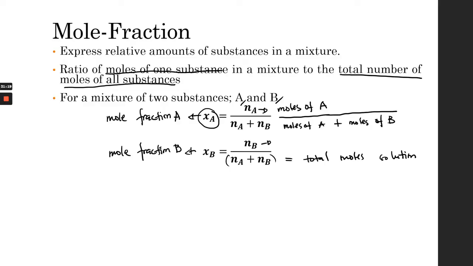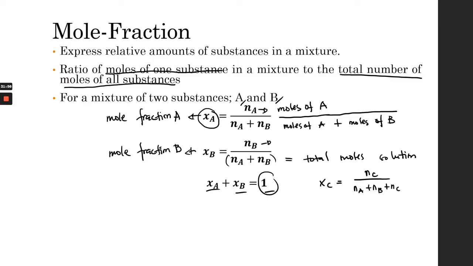And one thing that is interesting is that if you add those two mole fractions, you would always get 1. So what if you have a mixture of three substances? You basically just have to do the same. For the mole fraction of the third substance, you have to take the moles of your third substance and divide it by the moles of all the substances present.